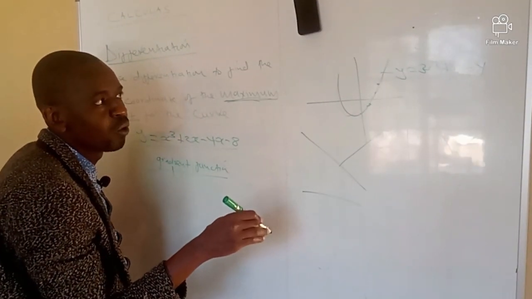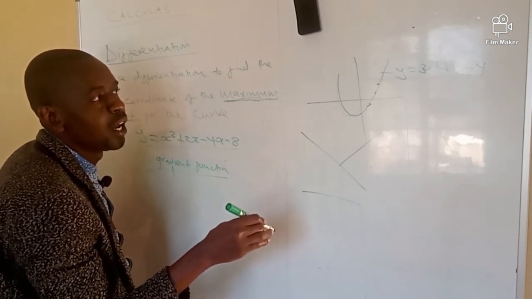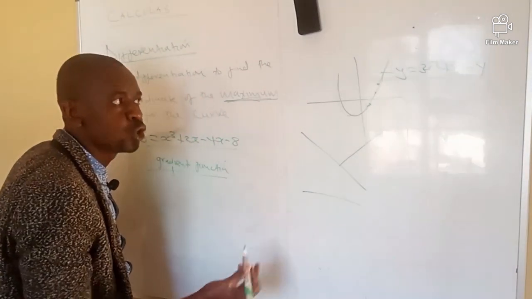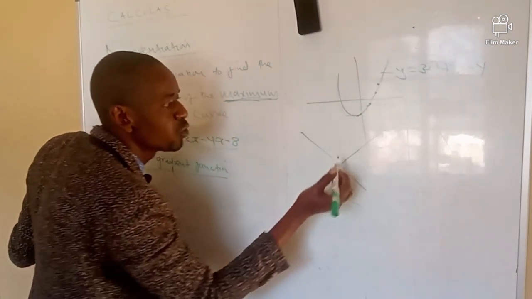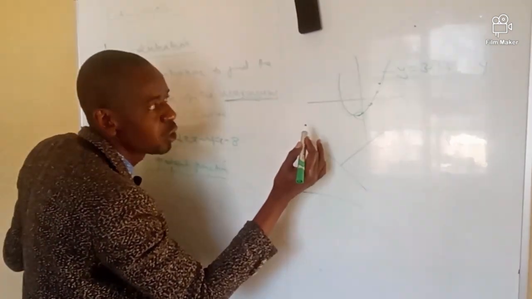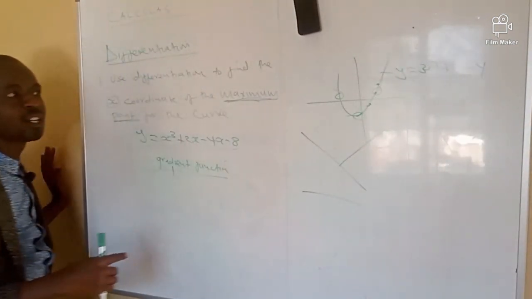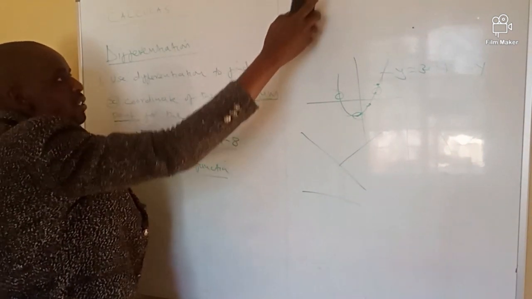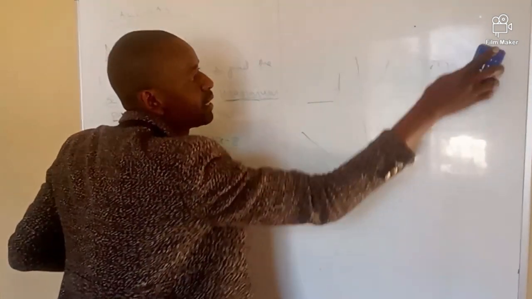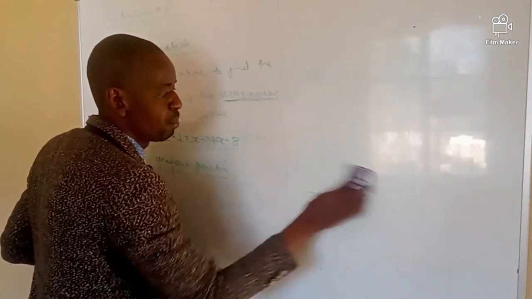Then when you know the value of x, or the coordinate, you can put it in to get the gradient at a certain point, because the way this point steeps or slopes is not the same as here. So you can only get the gradient of a curve at a certain point.